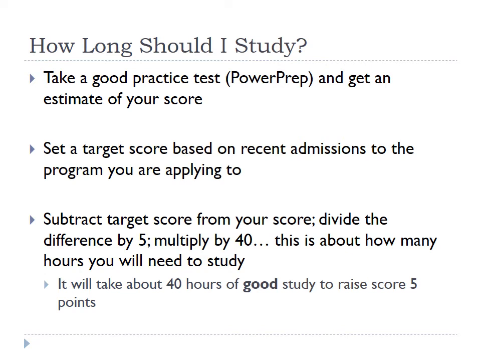Then you're going to pick a target score based on the statistics for recent admissions into the programs that you want to go into. Subtract your actual score from your target score. This sounds like a GRE question. Divide the difference by 5, multiply by 40. This is about how many hours you will need to study. In other words, it takes about 40 hours of good focused studying to raise your score about 5 points.